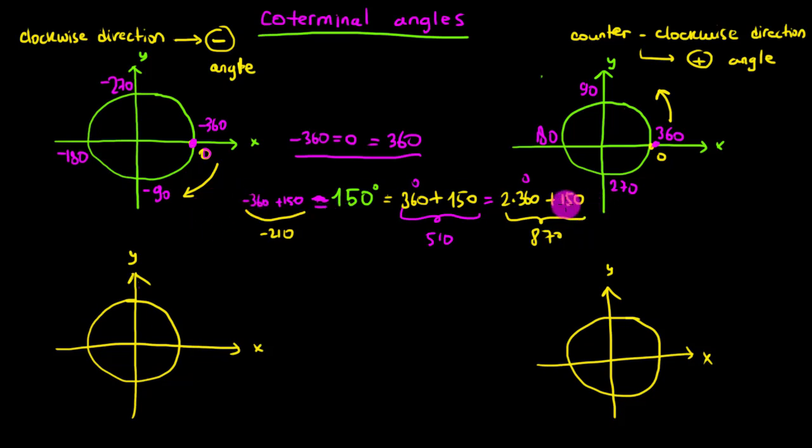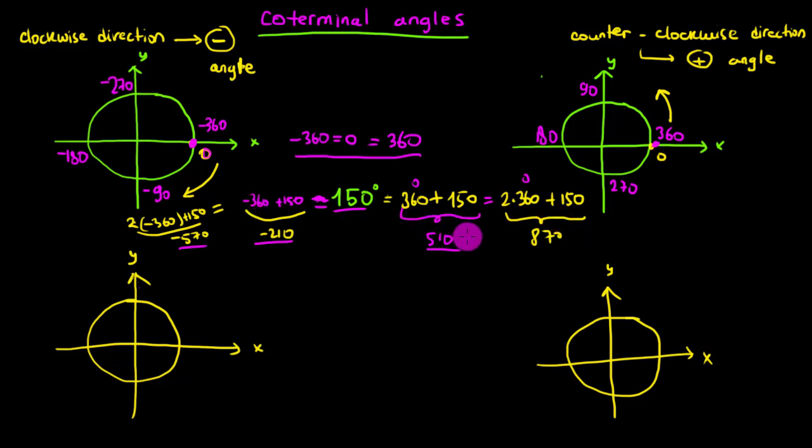You can continue this one: if you have minus 360 multiplied by 2 plus 150, this would be equal to minus 570. All of these are the same thing, because minus 360 is also 0, and 0 doesn't make any change.